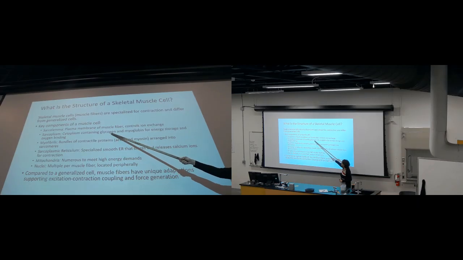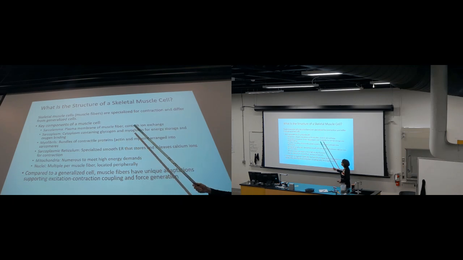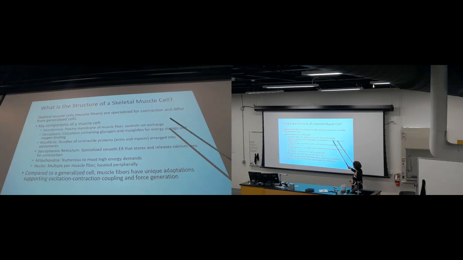This glycogen is exclusively used by these muscle cells. If your blood glucose levels drop, the muscle cells will still be able to contract because they have their own glycogen. We also store glycogen in the liver, but the liver gives the glycogen so that the blood glucose levels increase. But the muscle cells use their own glycogen. They have their own savings.